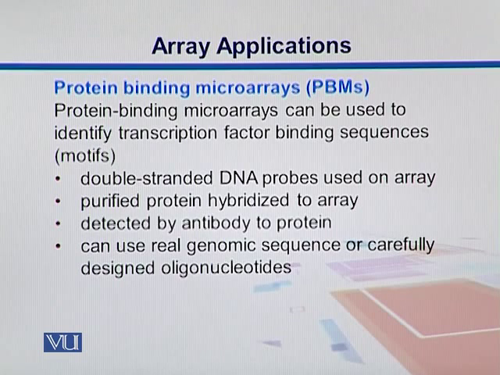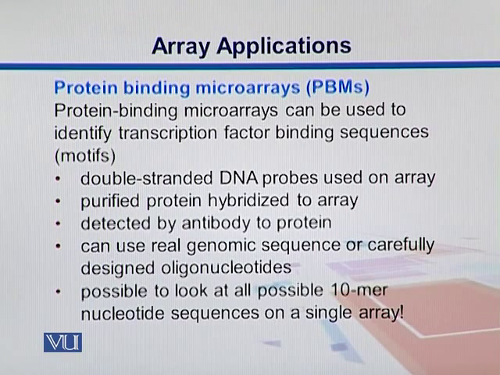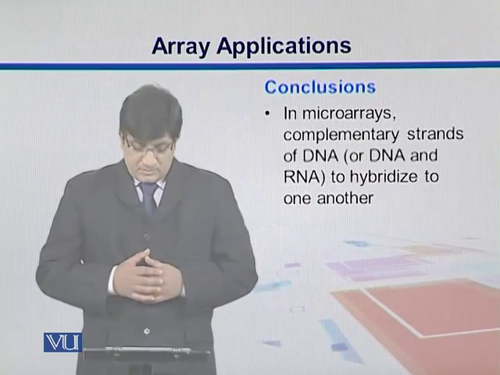Then we can use genomic sequences, or we can design oligonucleotides for that. So we can look at all possible 10-mer nucleotide sequences on a single array. In this way we can have an idea about those motifs or regions to which protein molecules bind.